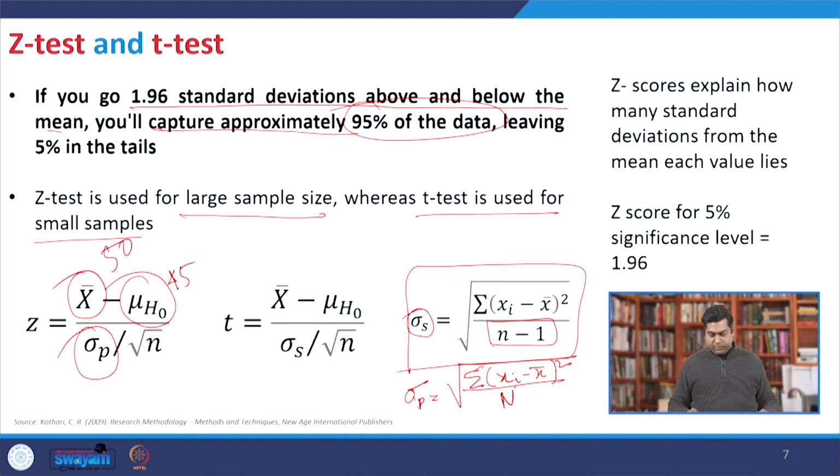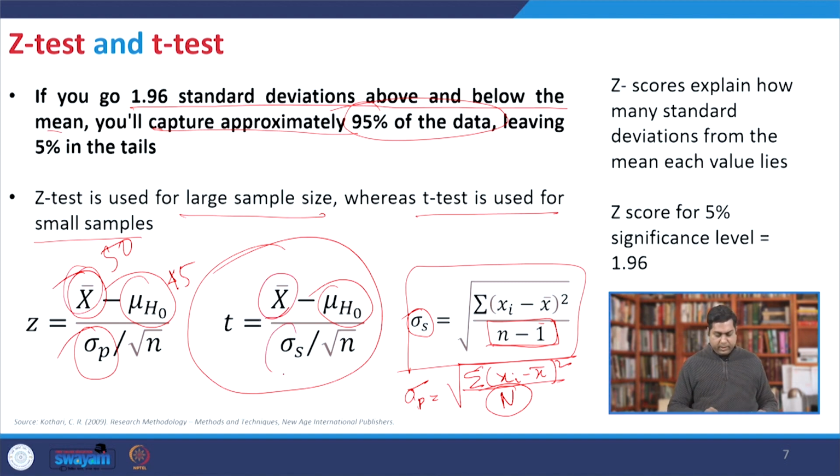In that case we can take n where we know the parameter, otherwise we go for n minus 1. So, there is not much change in this particular formula, where you have the assumed value or hypothesis, like the null hypothesis value, and then this is the sample mean, here it is the population mean, it is the sample standard deviation, it is your population.